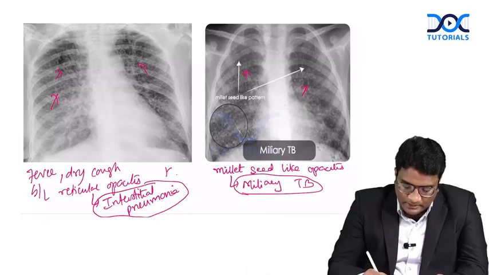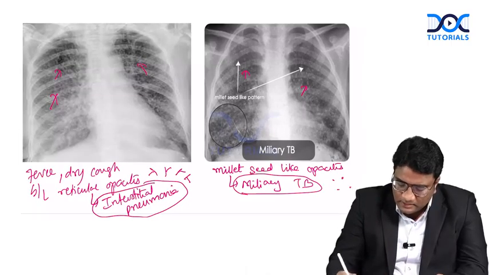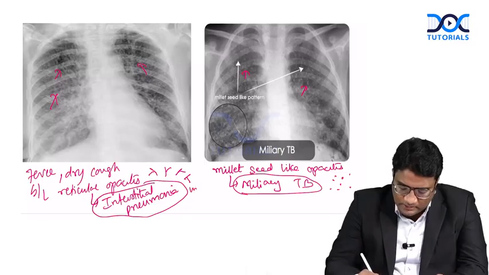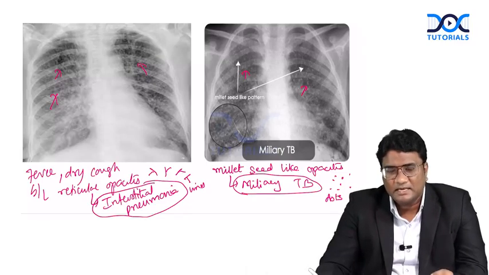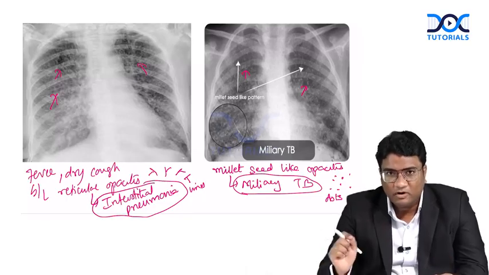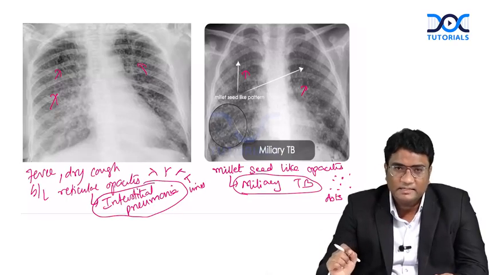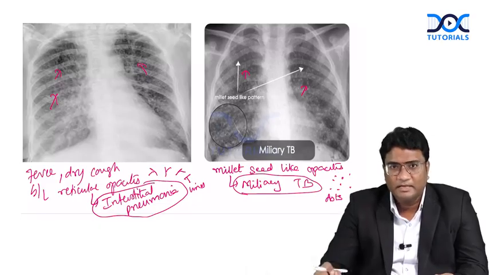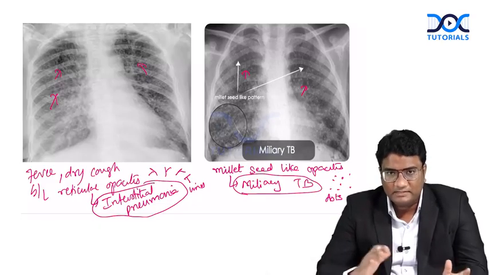Is it network-like lines, reticular lines, or is it dots? So the difference is lines or dots. If you see reticular opacities in the lung fields, that is interstitial pneumonia. And if you see dot-like opacities in bilateral lung fields, that is suggestive of miliary TB. So please be careful, it is the lines or dots.